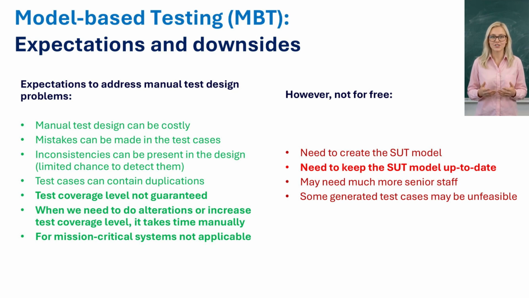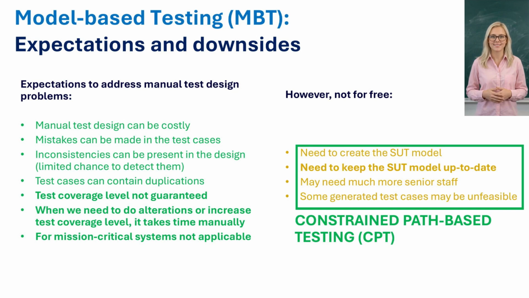This is an important issue, and we will come back to it later. Honestly, even manually designed test paths may be unfeasible in the system under test, so it's debatable whether it is fair to put it here as a challenge for automated test design specifically. However, the problem exists, so let's keep it in the list of challenges to address.